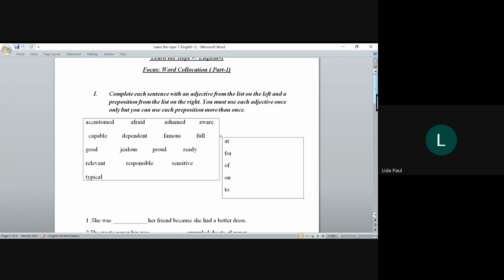So whenever you have a word class in combination with a functional word class like a preposition or conjunction, it's more often than not a grammatical collocation, right? But if it is between two open word classes like nouns or adjectives, verbs, so to speak, then they are basically lexical collocations, right?